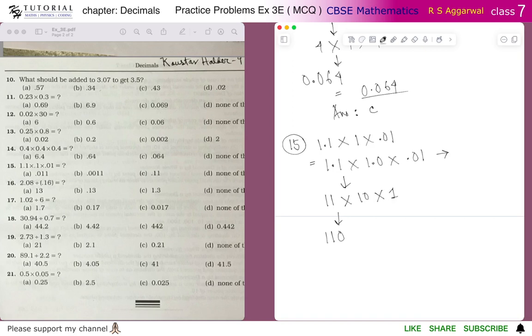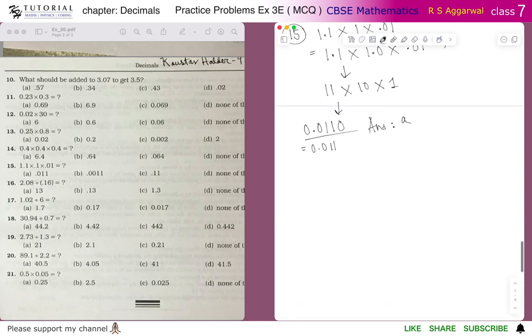So it will be 0.0110. So this is the result. So the answer for 15 is 0.0110. Now 0.0110 obviously equals 0.011, because any zeros to the extreme right of the decimal part are meaningless. So the choice will be A.